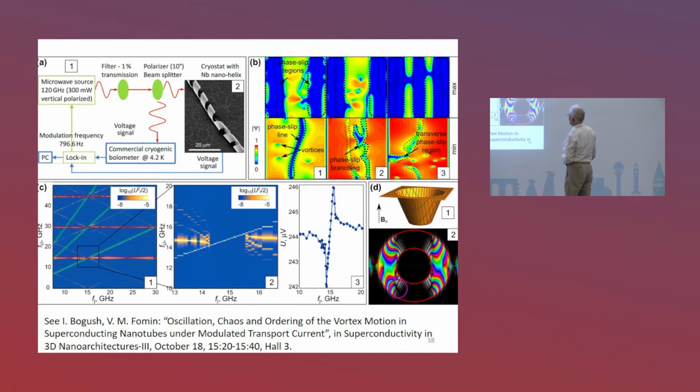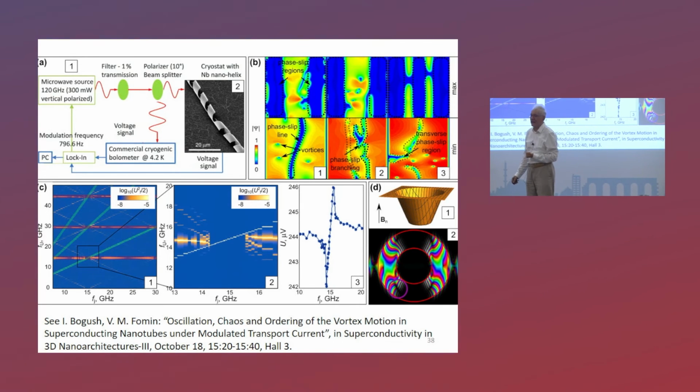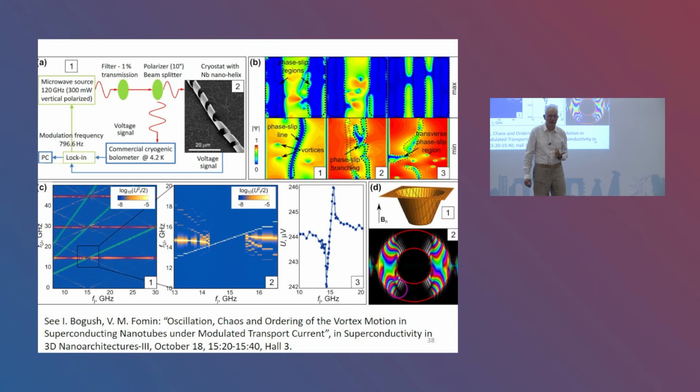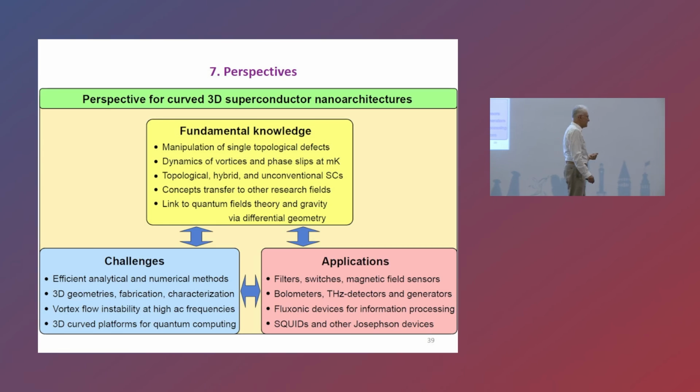But from these traditional structures, we are moving now to novel nanostructures which can be fabricated, like this hat. And in this hat, we have already three-dimensional phase slips, which certainly open a new avenue for controlling the superconducting properties of such nanostructures.